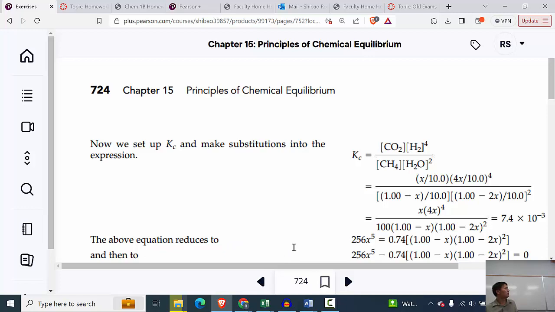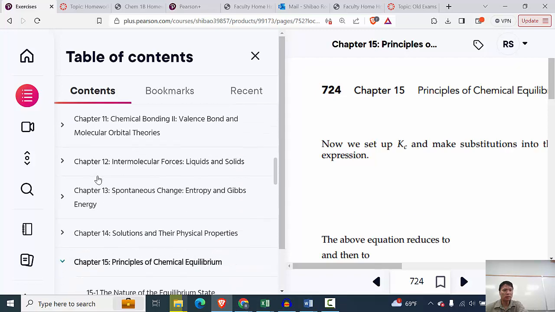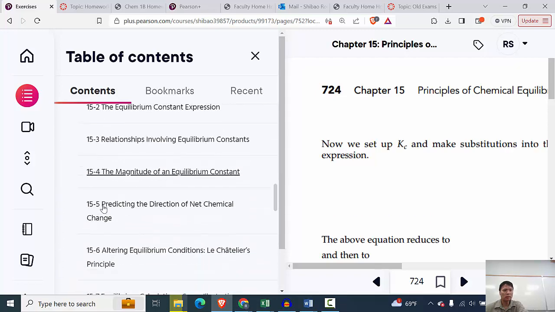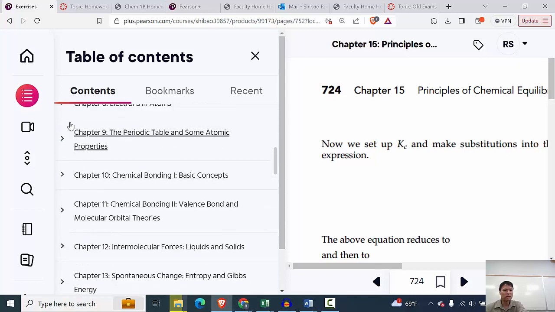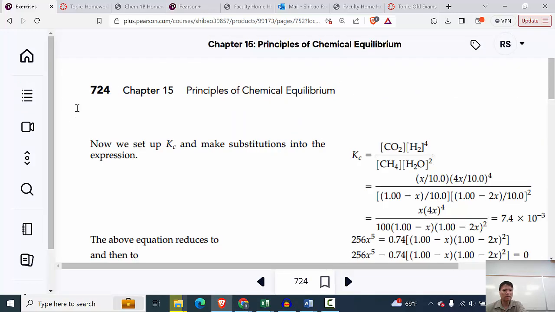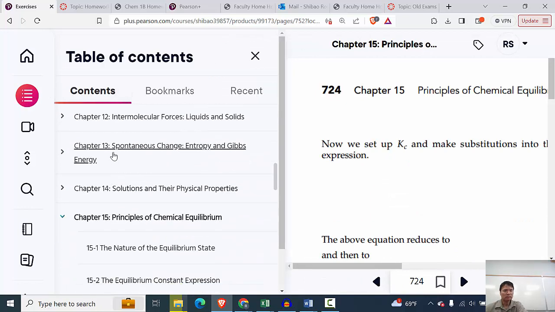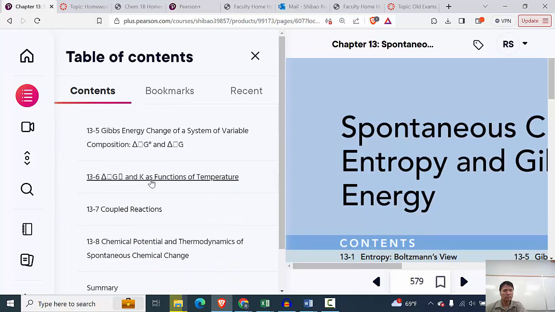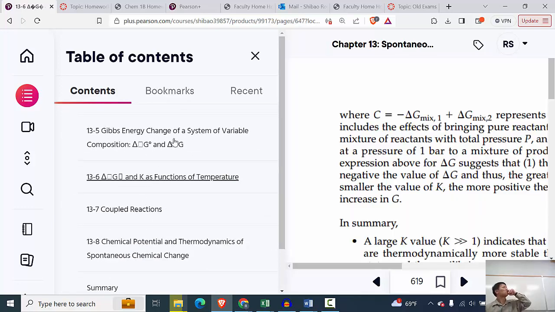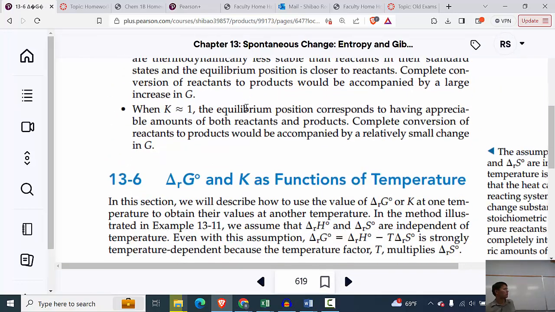And so let's take a look at K and temperature here. That was in chapter 13, so we go back to chapter 13. So we know that delta G varies with temperature.